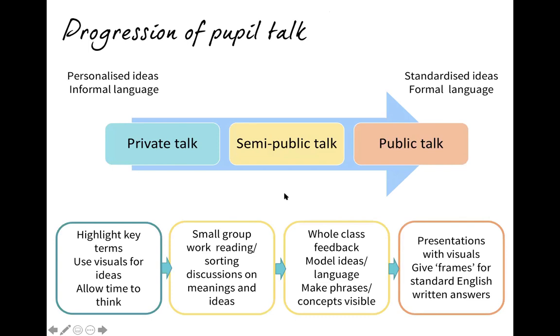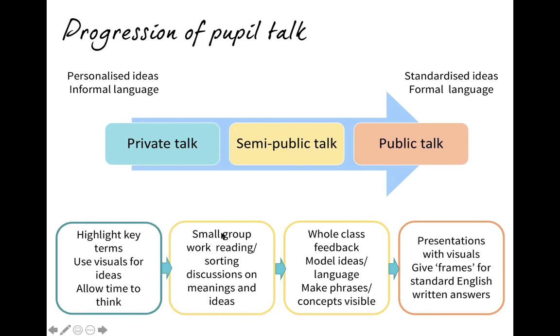So overall, what we're thinking about here is a progression of pupil talk, going from private talk, how students will talk to themselves and internalize information, to semi-public talk, to public talk, where we want them to talk in front of other people. And we take them through this process by identifying key terms, keywords and phrases, using visuals, allowing time to think.